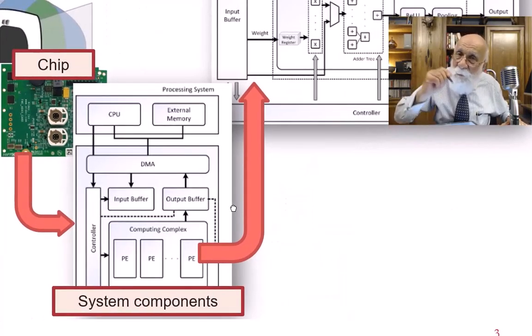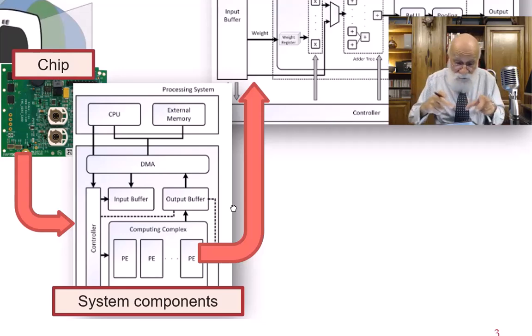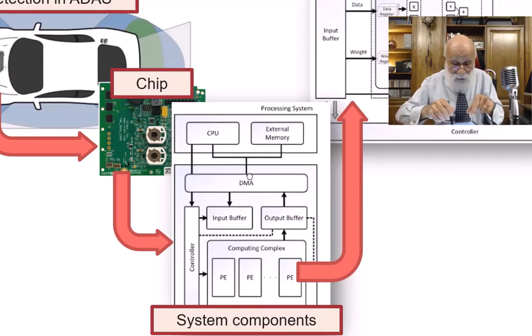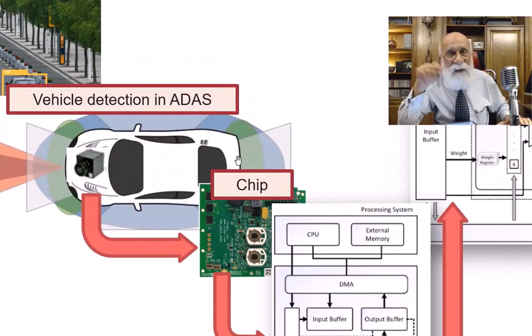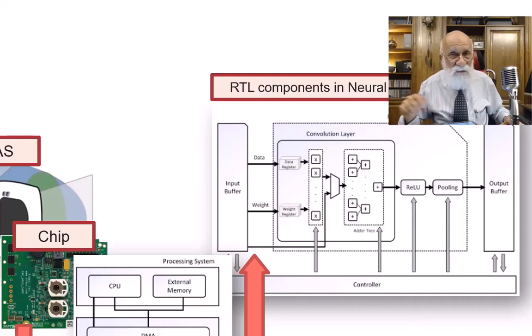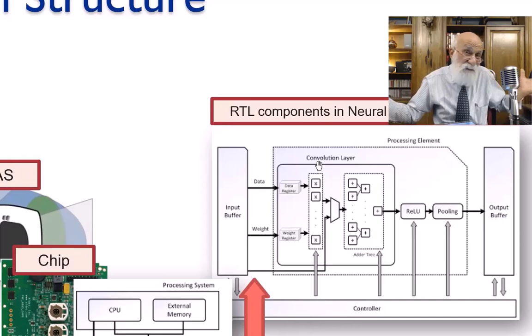And then the same way we put these processing elements and the CPU and the memory and things into a vehicle detection component. So, where are we focusing? We are focusing on this side, on this end of it, because we are just starting.